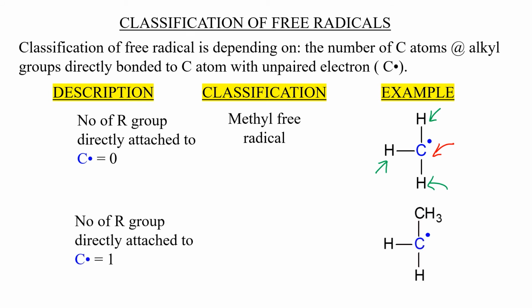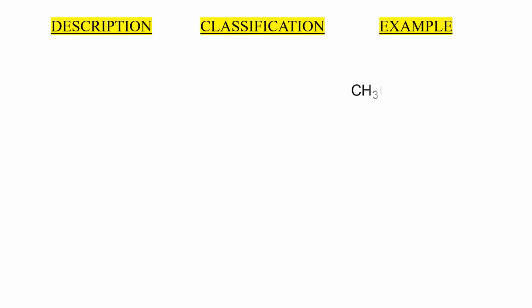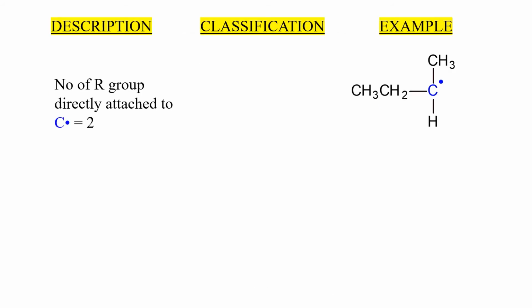For the second example, we have one carbon atom or one alkyl group directly bonded to carbon with unpaired electron. The second free radical is classified as primary free radical. The next example, we have two carbon atoms or two alkyl groups directly bonded to carbon with unpaired electron.